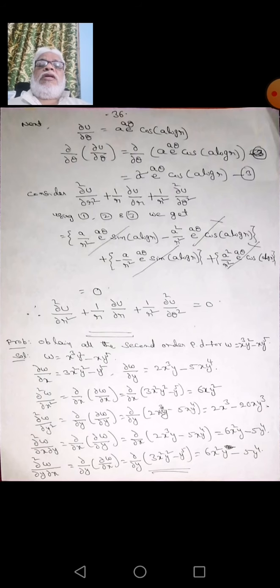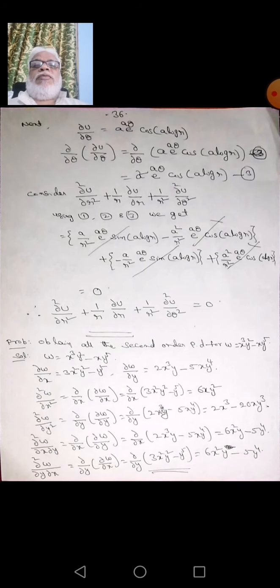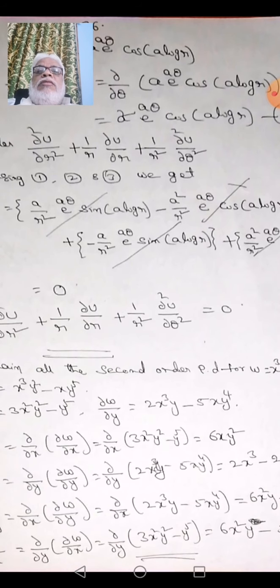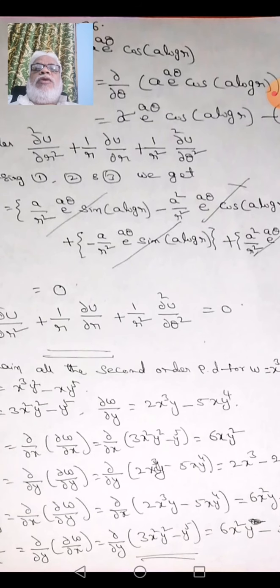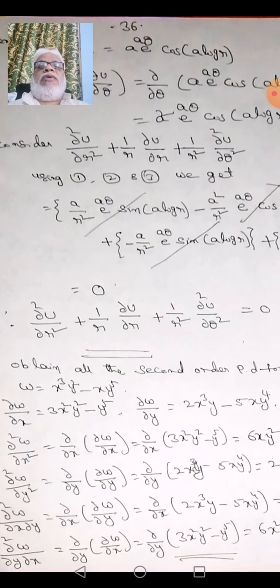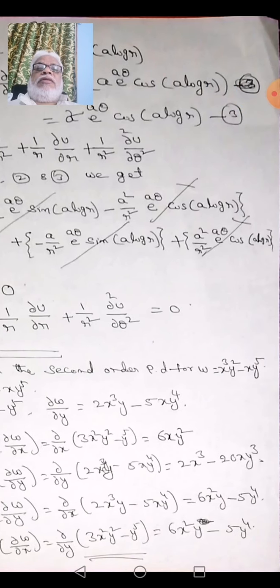Now consider the given question: dou 2u by dou r2 plus 1 by r dou u by dou r plus 1 by r square dou 2u by dou theta 2. We have already found all these terms. The value of dou 2u by dou r2 is a by r square e power a theta sin of a log r minus a square by r square e power a theta cos of a log r.